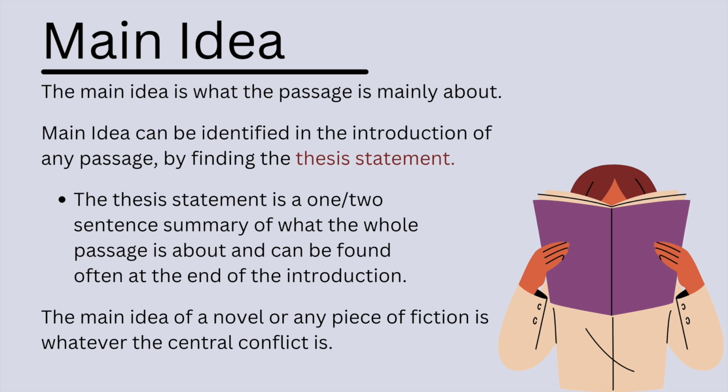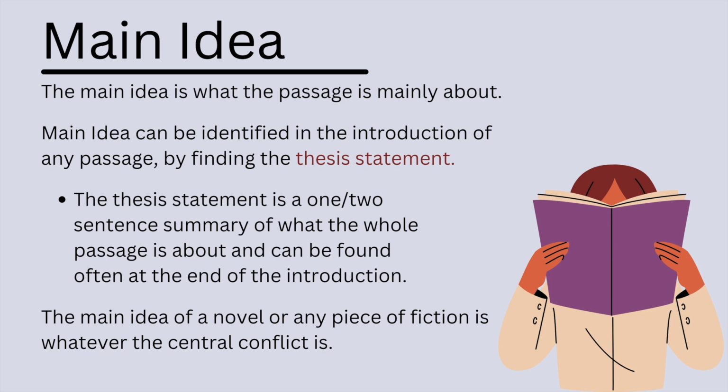Main idea, if you didn't see it in my first video about main idea versus author's purpose, is what the passage is mainly about. It's what the whole thing is about. Usually you can find the main idea by identifying something called the thesis statement.